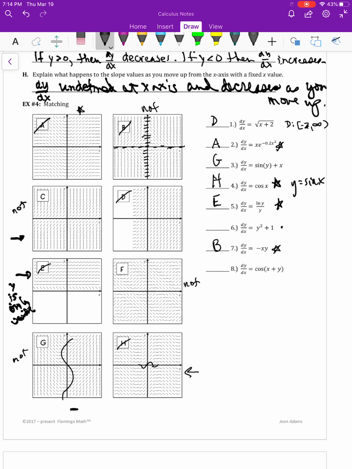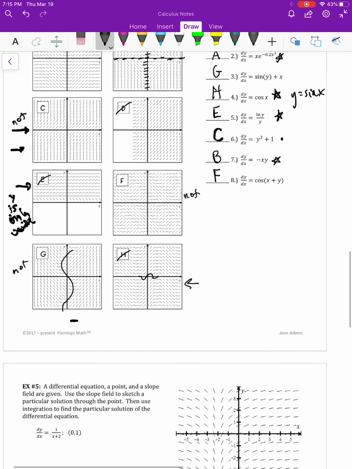Look, these are all the same horizontally. And so this one, letter C, since they're all the same horizontally going this way, all the same, all the same, you're going to have this one. And then the only one that's left for the cosine of x plus y is F. And that one does look like a kind of crazy one.